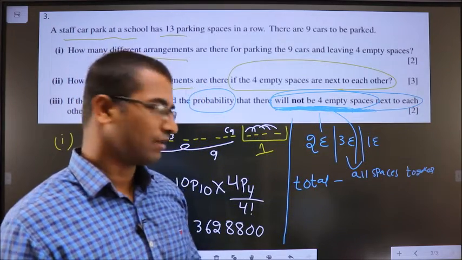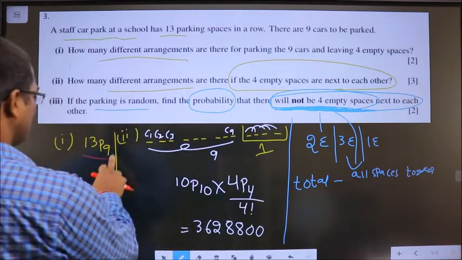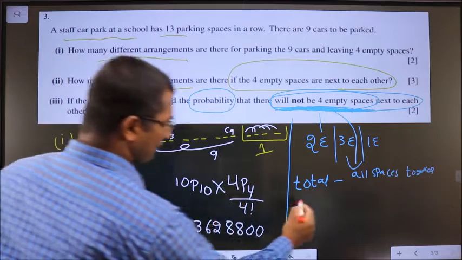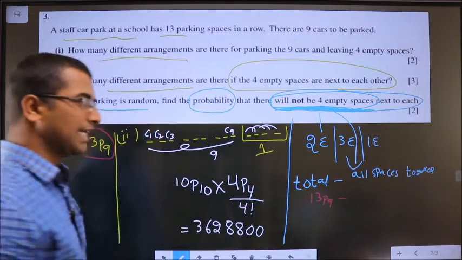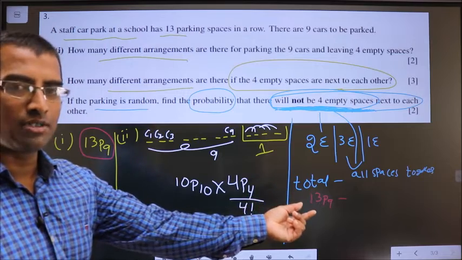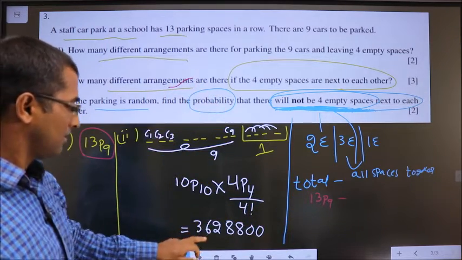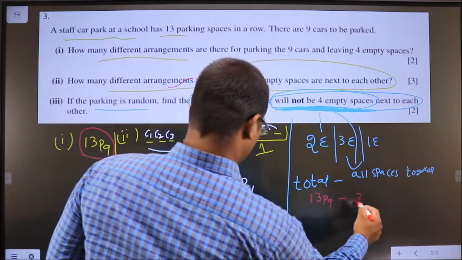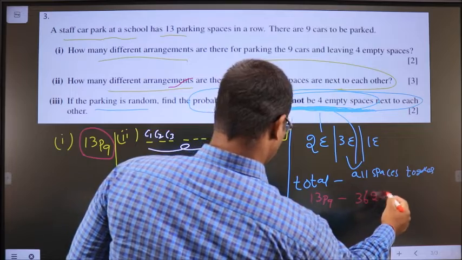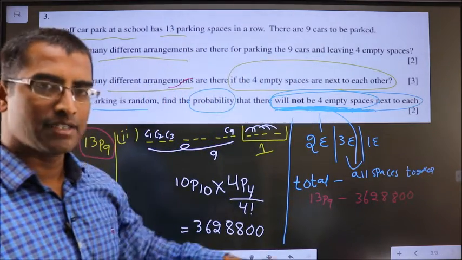Okay. Now, did we find the total? First bit answer. That was 13P9. Did we find when all spaces together? Yes, that is second bit answer, which is 3628800. Okay, that is the answer.